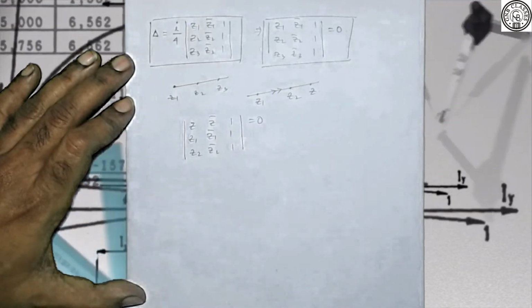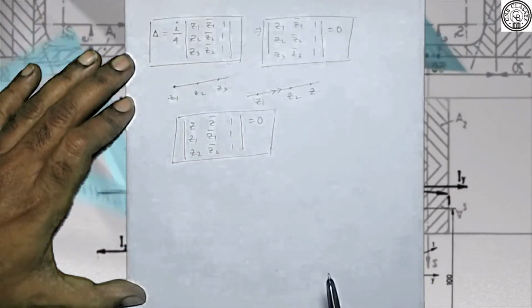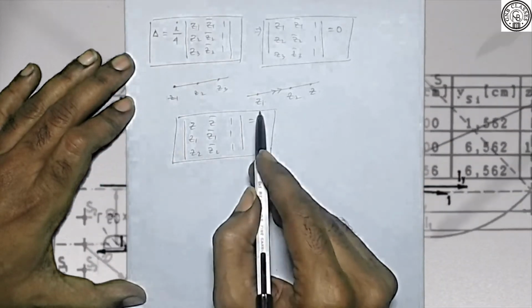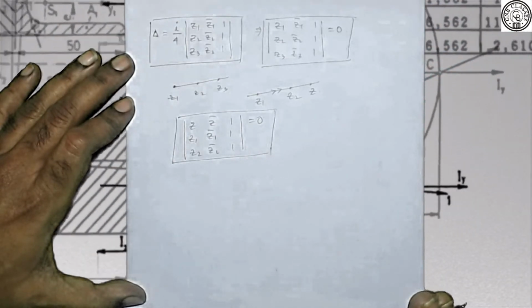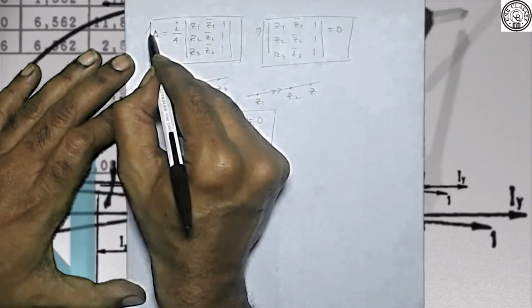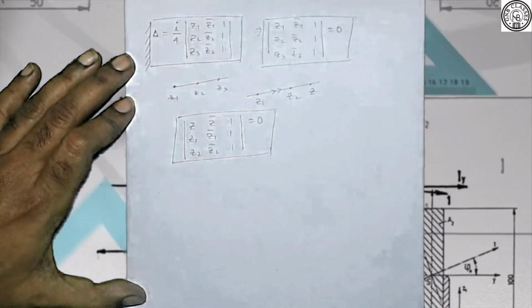This is equal to 0. And this exactly is the equation of a line on a complex plane passing through 2 given points Z1 and Z2. Is it clear? So that is why I told you the area of the triangle has a very important significance in complex geometry.